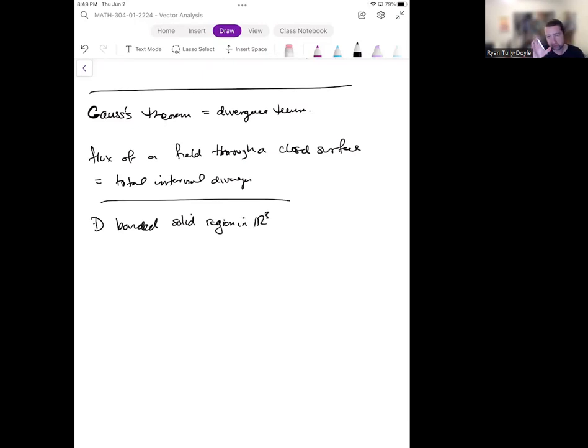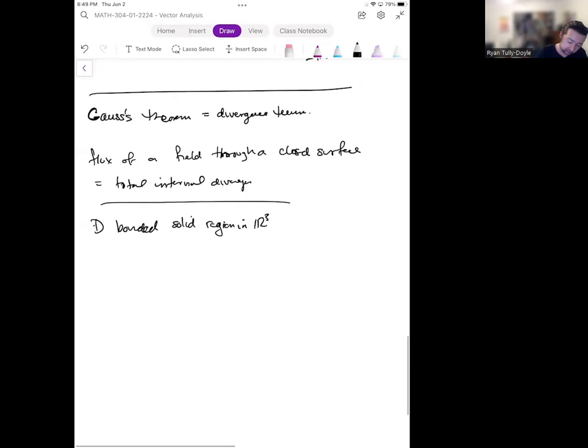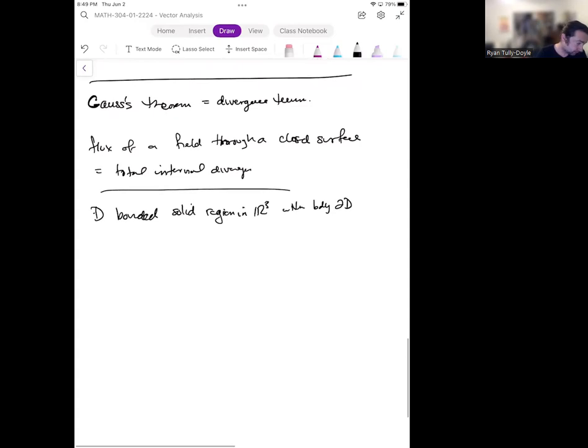So I think of the boundary and the interior now, with the boundary of D being equal to a union of smooth oriented surfaces, oriented away from D.